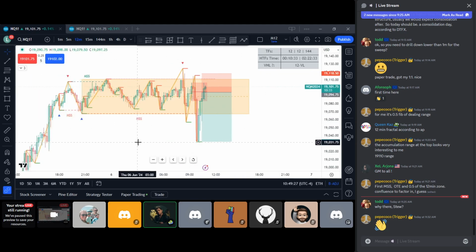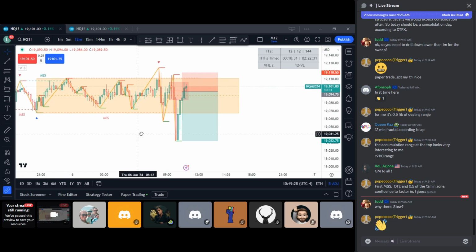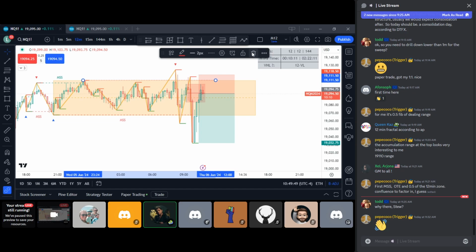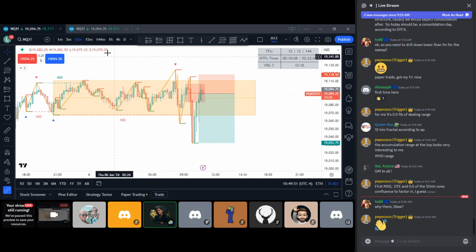I'll ask ProJ about that one. Either way, structure was broke, so it doesn't really matter in this instance. We know that the low that brought it was still broken here.